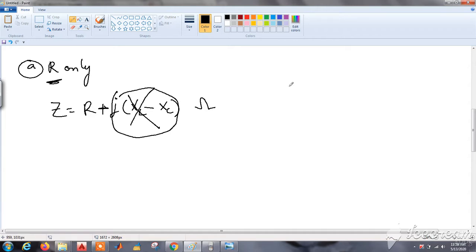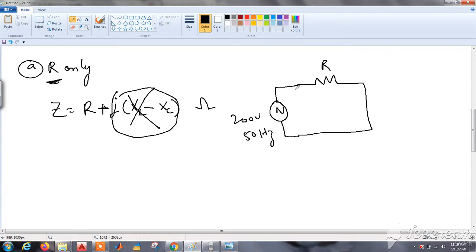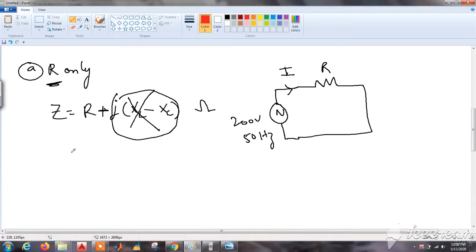The circuit diagram only consists of a resistor R, and 200 volts AC is applied, and we have to find the current I. So first of all, Z is equal to R. R is given as 10 ohms, so Z is equal to 10 ohms.